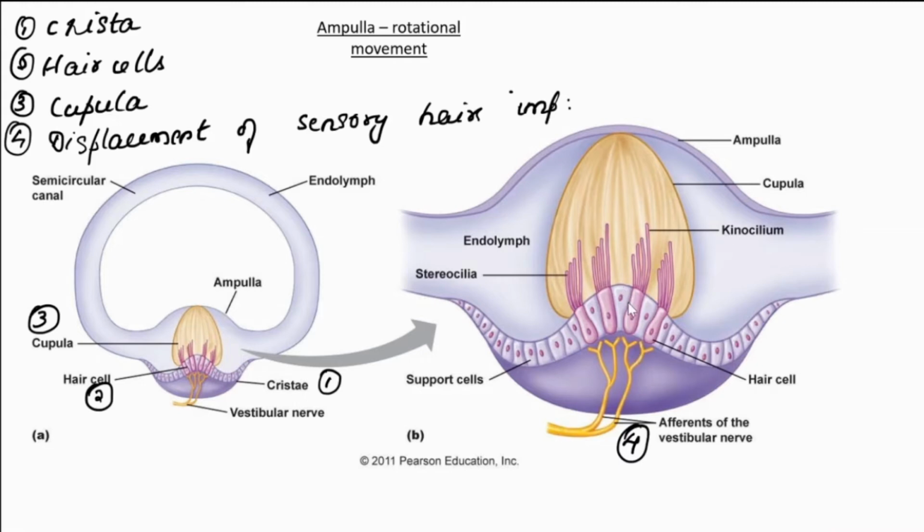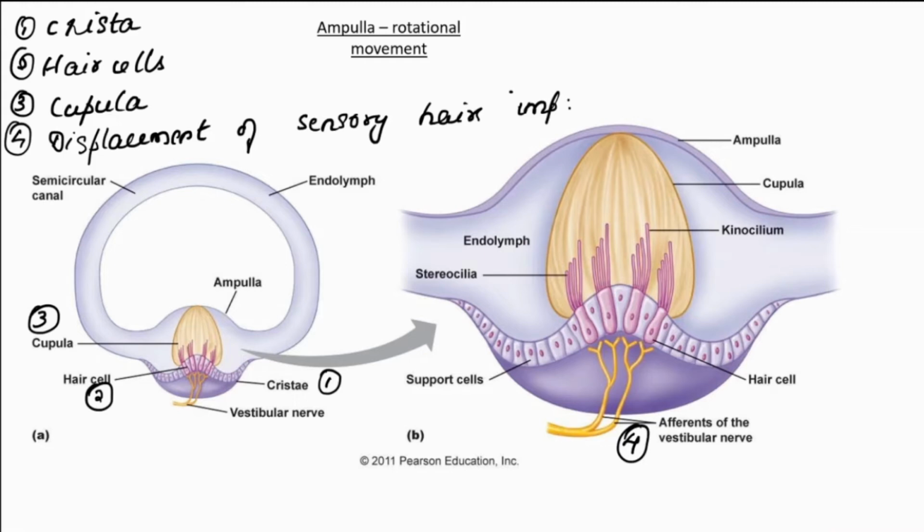And that stimulus passes through the vestibular nerve to the brain. That's the function of ampulla. If we rotate our head, that results in the displacement of the sensory hairs in the fluid present in the ampulla, which stimulates the vestibular nerves. So, in that way, our brain senses the orientation of our head.